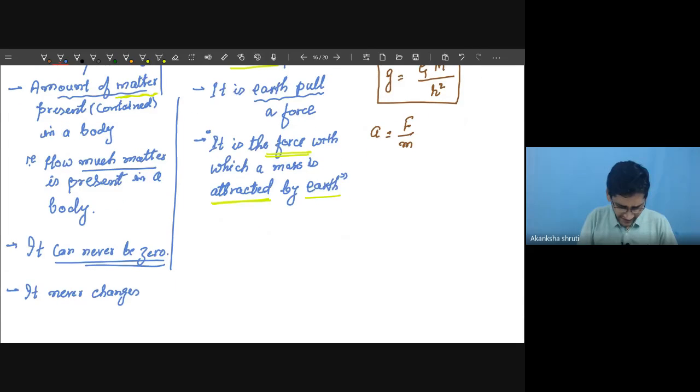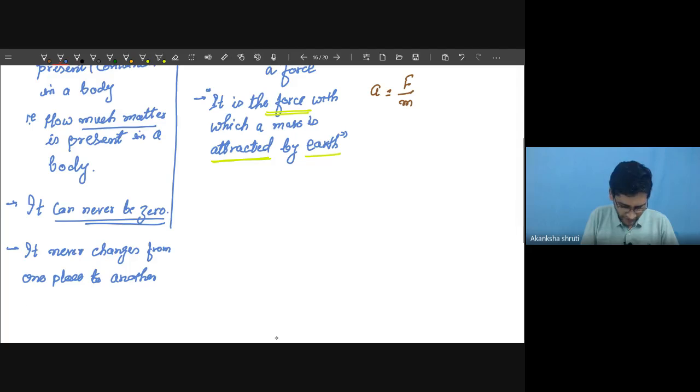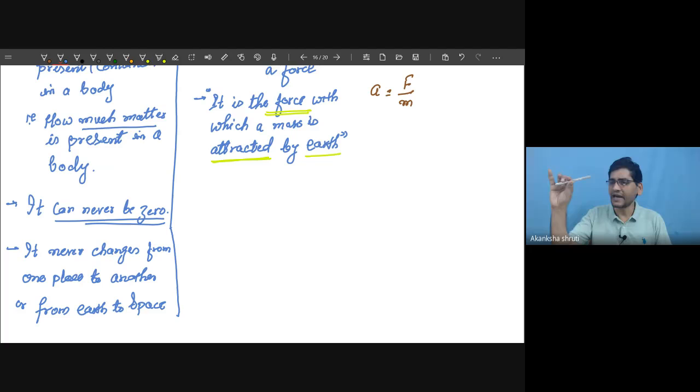So it never changes from place to place, from one place to another, or one planet to another, or from earth to space. So this is simply the mass. Mass simply means how much matter is there, and it will remain as it is.